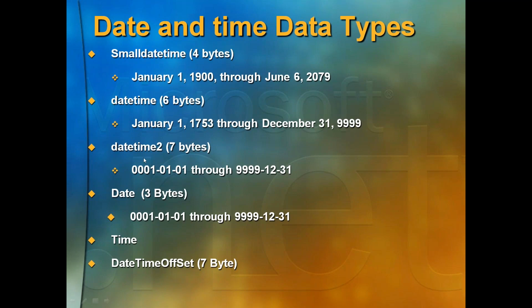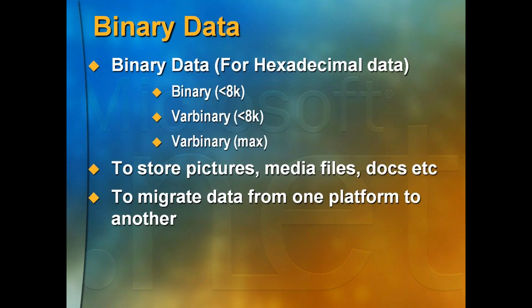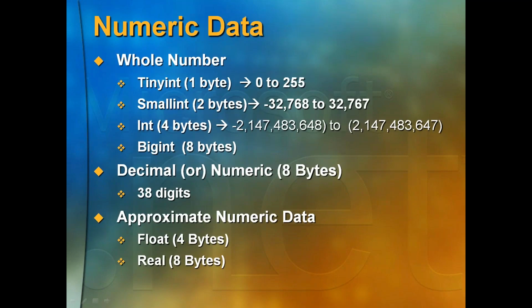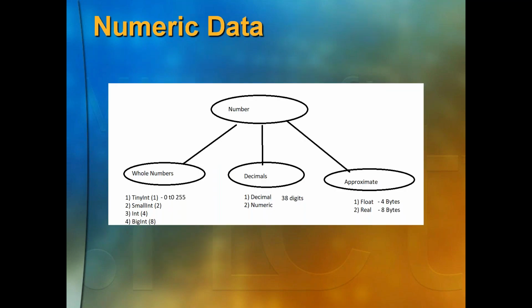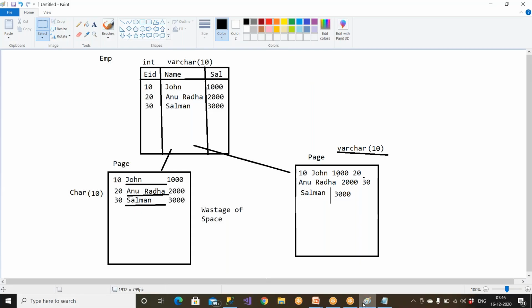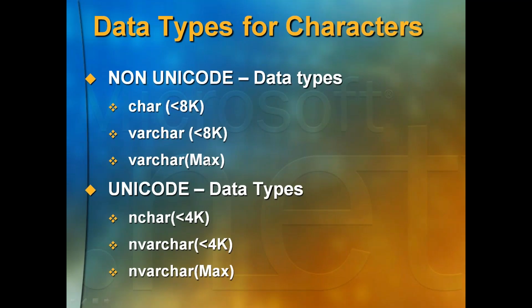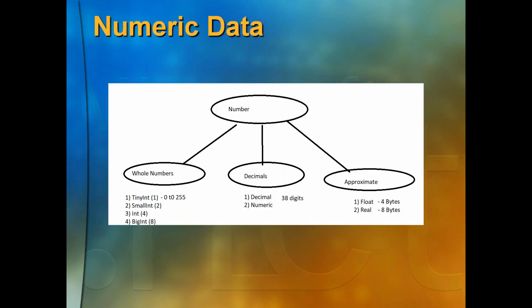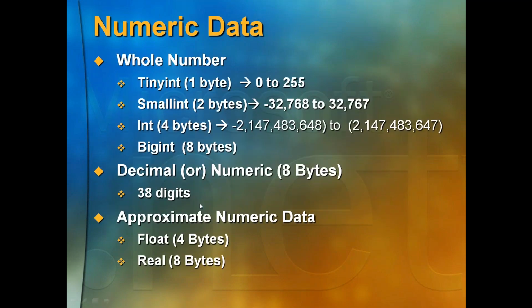Clear? These are the things we use to store the date and time. And from tomorrow, we'll discuss the binary data. You may ask me, even though we have letters, special characters and numbers in the character data, why is numerical data needed?